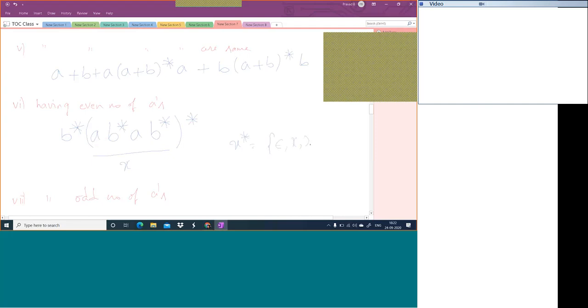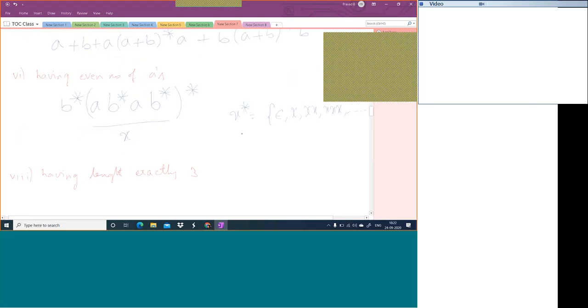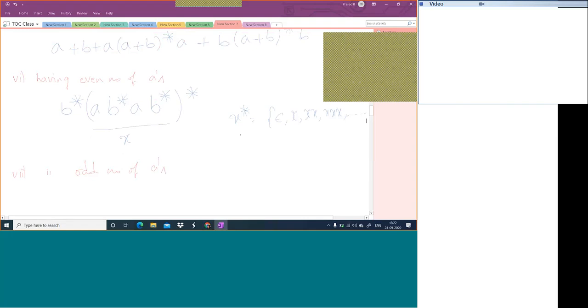Epsilon, X, X square, X cube, X power 4, and so on. Here, what is X? This is X.